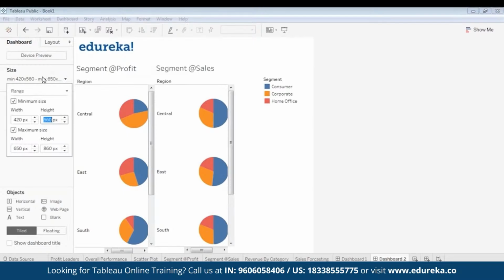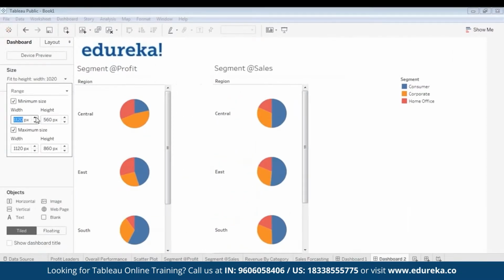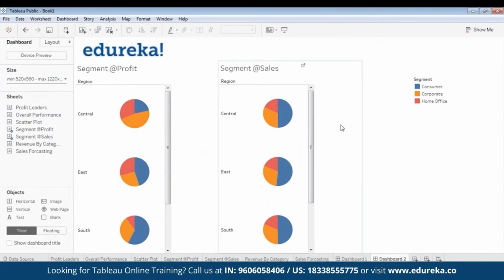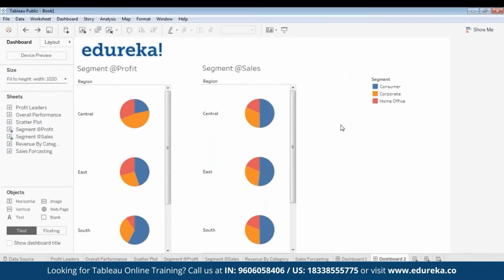Again, I can change the size of my dashboard. I can increase the width as I don't have more space over here where I want to show my revenue by category. So let me increase the width. This much will be too much, I guess.